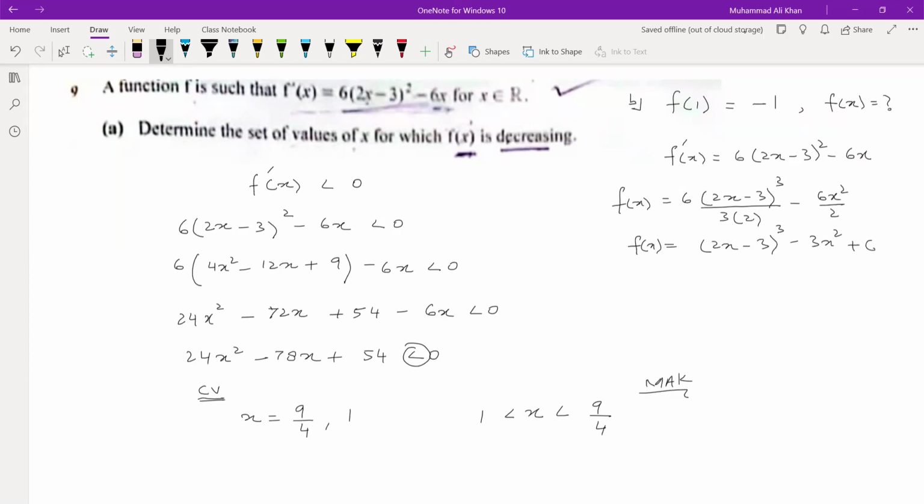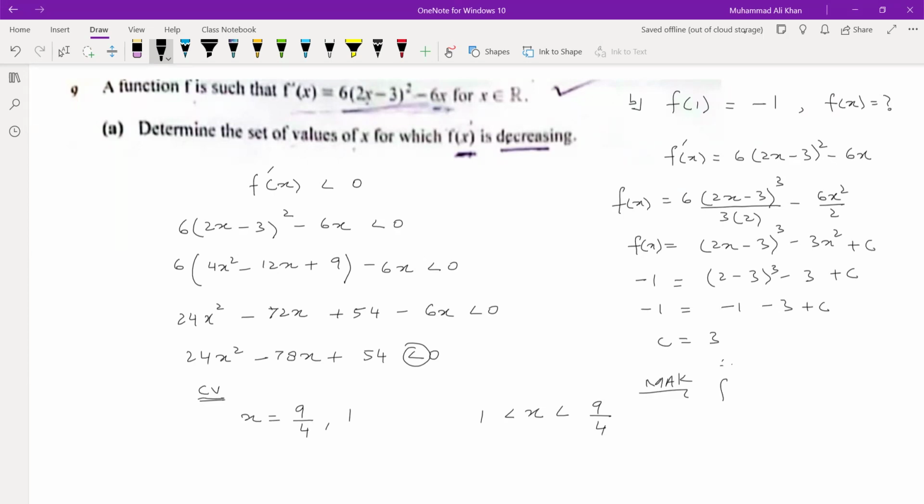And now the value of f(x) is minus 1 when x is 1. So here it will be (2 minus 3) whole cube minus 3 plus c. So minus 1 equals minus 1 minus 3 plus c, and the value of c is 3.